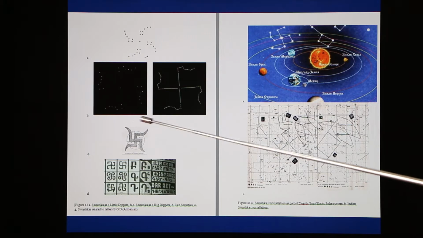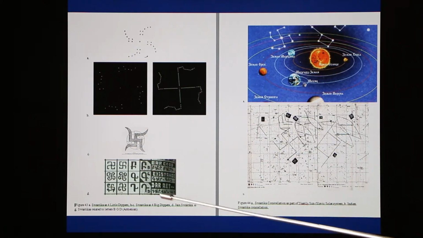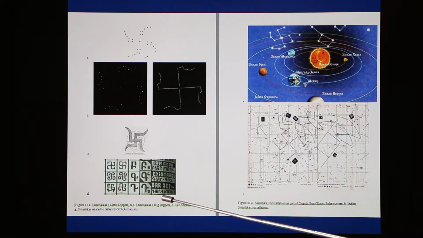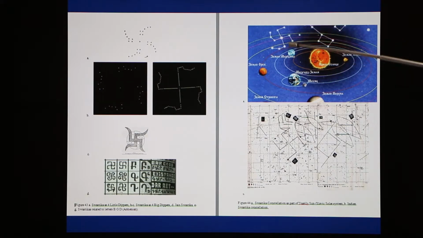This is the giant swastika that is also called the creation swastika. And then we see here that it is also a symbol of existence. And in the old, now we're talking about the very old Russian astronomy, we have the Big Dipper, but near the Big Dipper is a swastika set of stars.